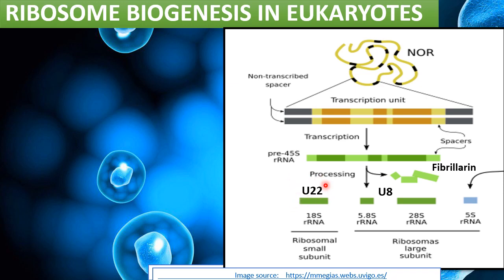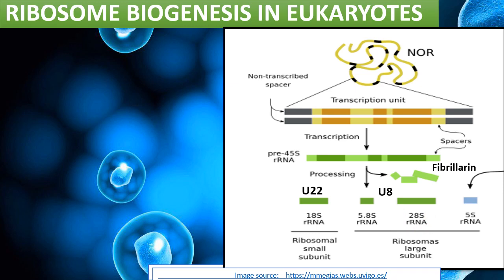This is the U22 small nucleolar RNA and it is required for the processing of 18S ribosomal RNA. In the same way, the small nucleolar RNA U8 is used for the processing of 5.8S and 28S ribosomal RNAs.